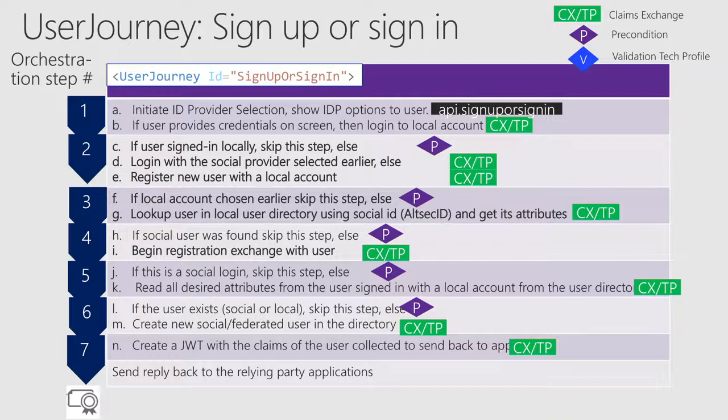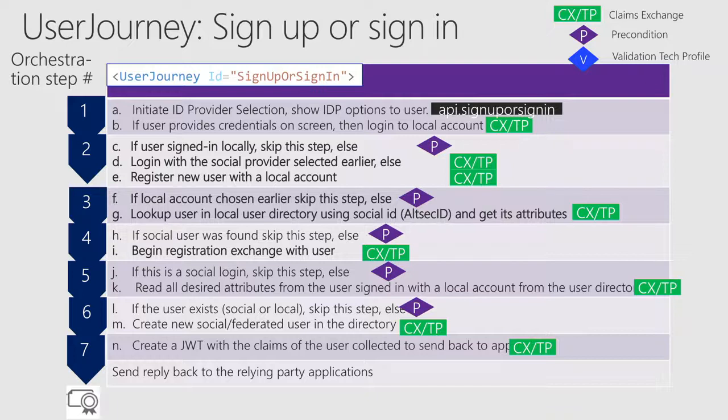In the fifth step, we are back to the local accounts. By this time, if it was a social account, we have either already found it in the directory or we have already created the account in the directory. So we are still left with the local account, where a local account sign-in might have just happened.